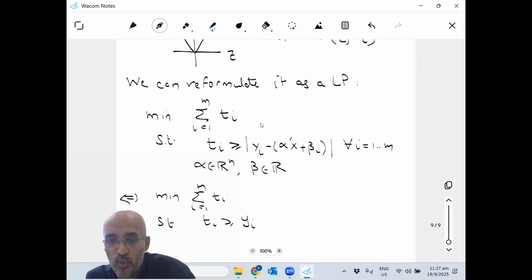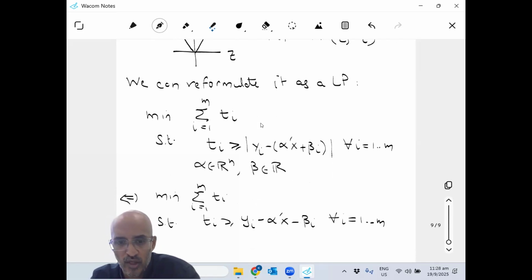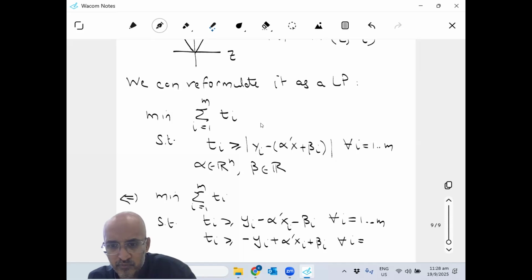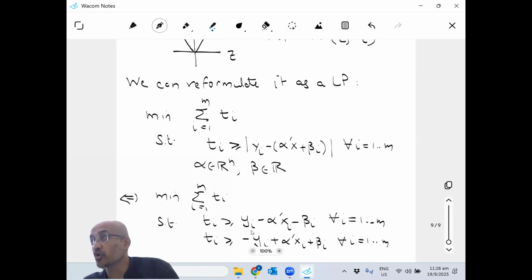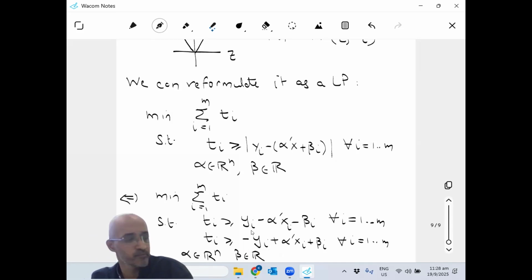So this is simply yi minus alpha transpose x minus beta i, for every i, and ti is greater than minus yi. This number could be positive or negative. After I do my fit, I account for both. And then I've got alpha and beta. There are no constraints on them, so I don't really have to write them down, but I'll put it down for completeness here.